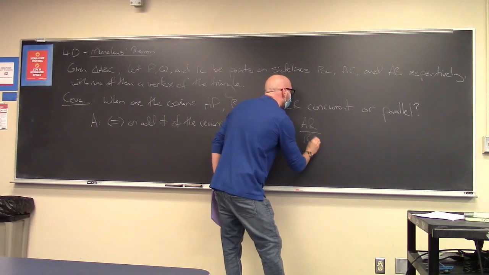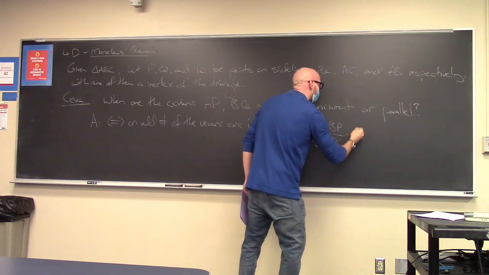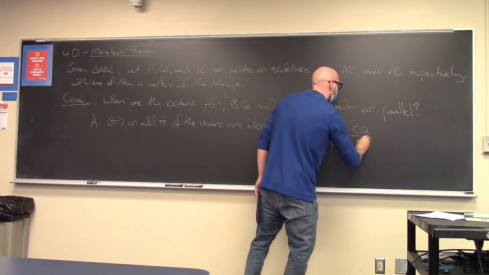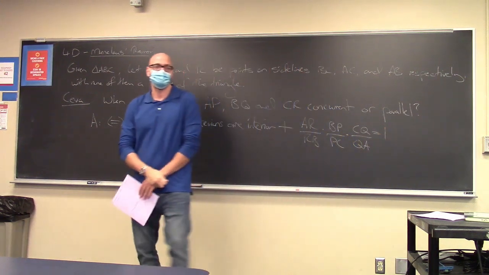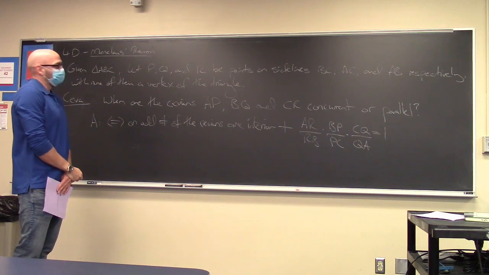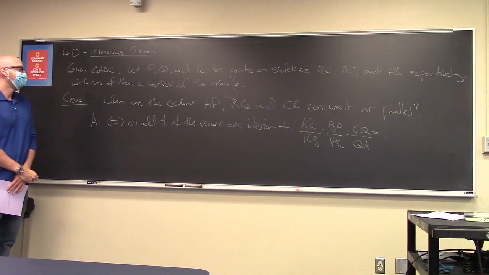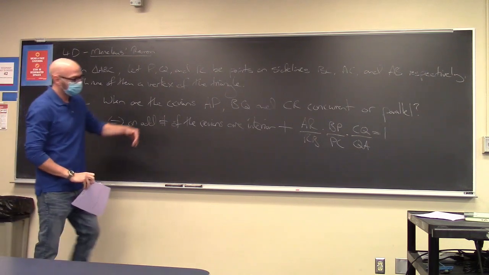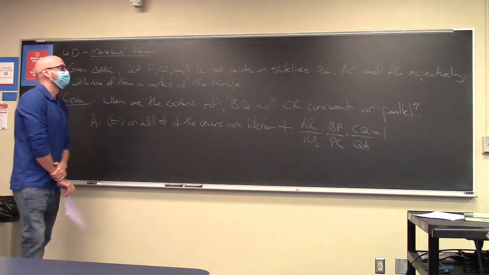AR over RB times BP over PC times CQ over QA, if that's equal to 1. So this is even a stronger result, right? This is an if and only if statement. So they're concurrent or parallel if this is true, but also if this is true, then they're concurrent or parallel.